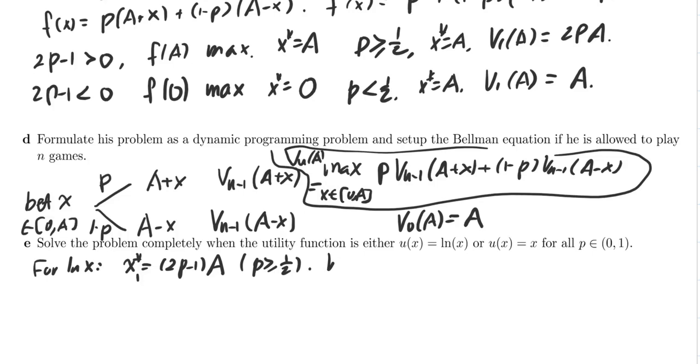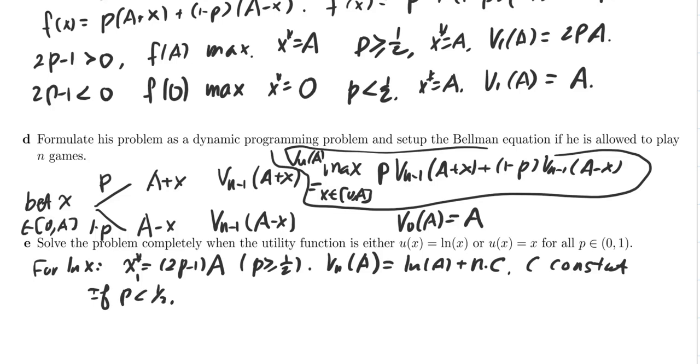And eventually we can show that v n of a is going to be log a plus n times a constant C. Okay. And if p is less than 1/2, we don't bet anything. And because we don't bet anything, we don't lose any money.